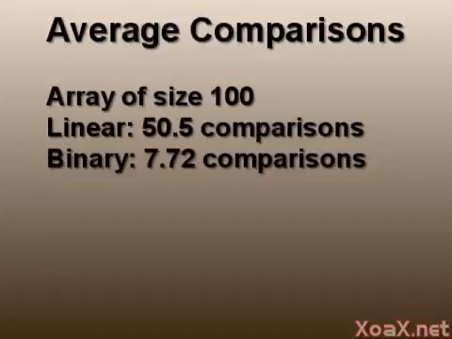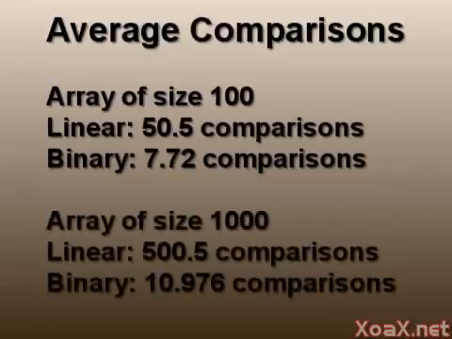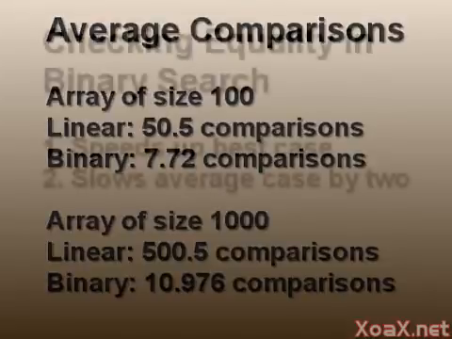The average number of comparisons in this case for the linear search is 50.5, while the average number of comparisons for the binary search is 7.72. For 1,000 elements, we have 500.5 comparisons for linear search and 10.976 comparisons for binary search.